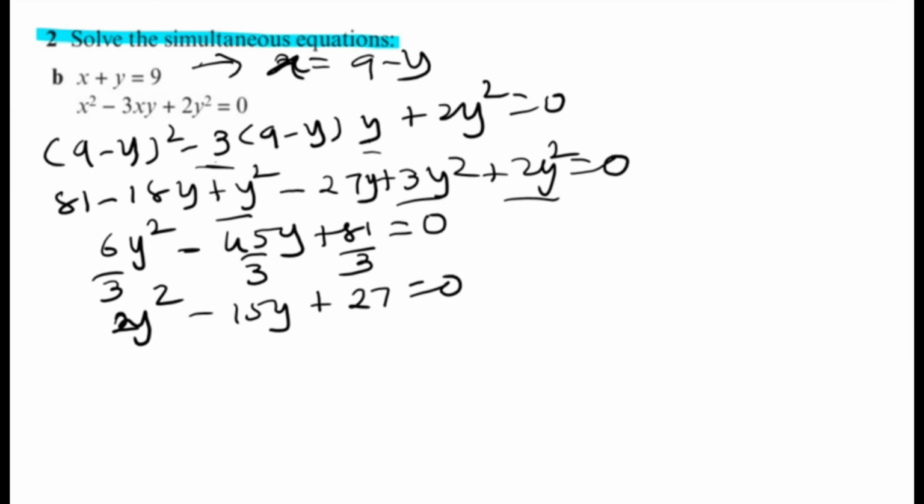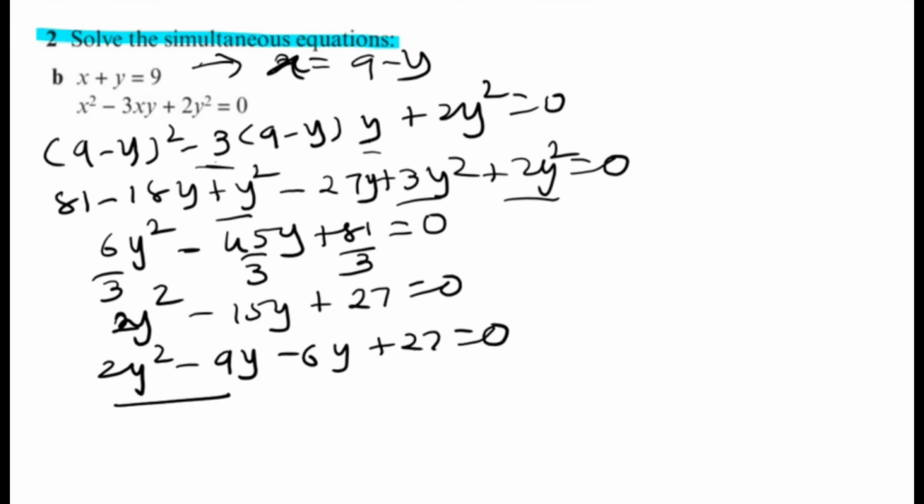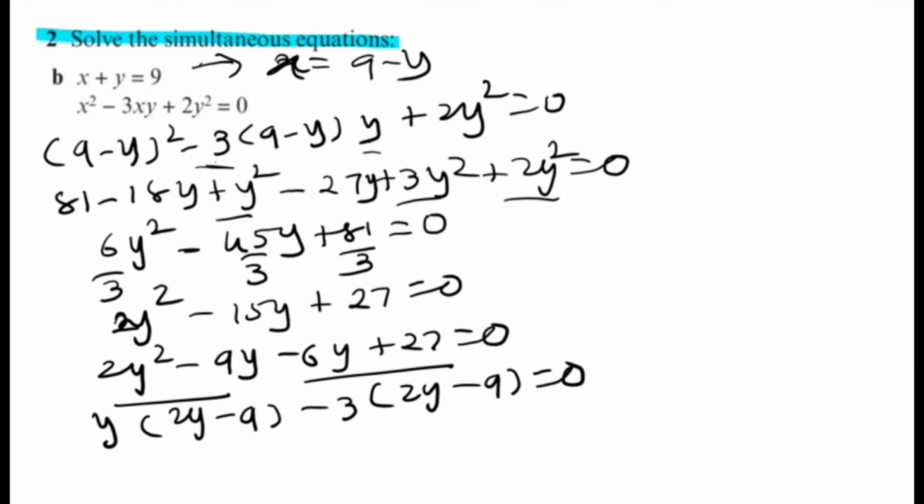So if you factorize, 2y squared minus 9y minus 6y plus 27 is equal to 0. Make a group. Here y is common, 2y minus 9; minus 3 is common, 2y minus 9 is equal to 0. So (2y minus 9)(y minus 3) is equal to 0.